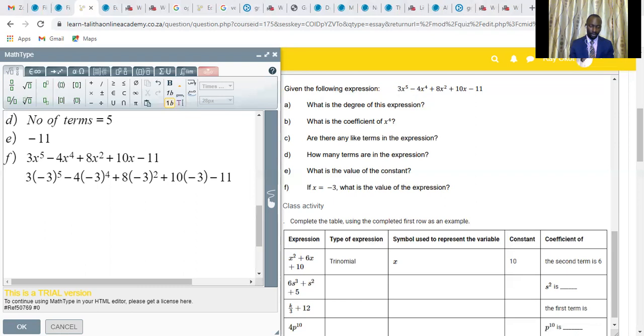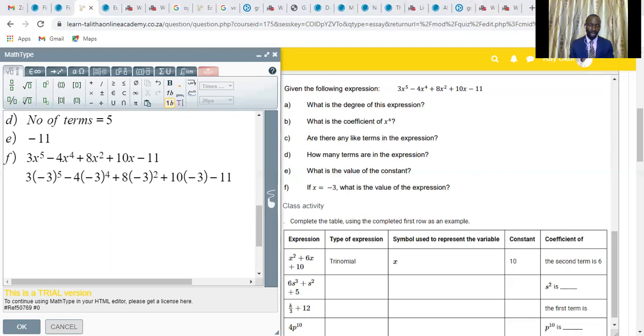Then we move to minus 4 times, that is open bracket, negative 3. We close it, then we raise it to the power of 4. Then we say plus 8, then bracket, negative 3, we close it up.